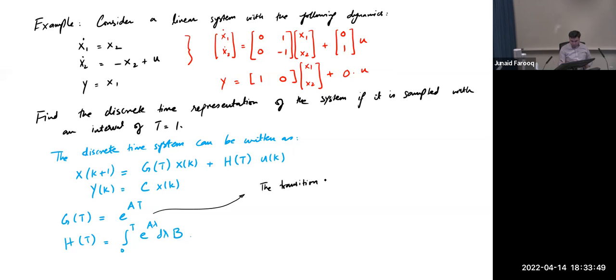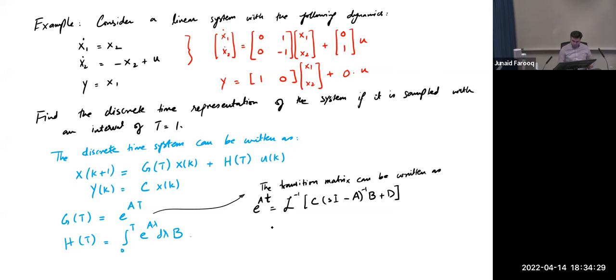If you recall, that transition matrix can be written as the Laplace inverse of C times (sI minus A) inverse times B plus D. Right, and let's say it's a small t here.